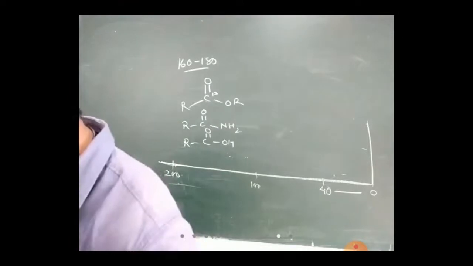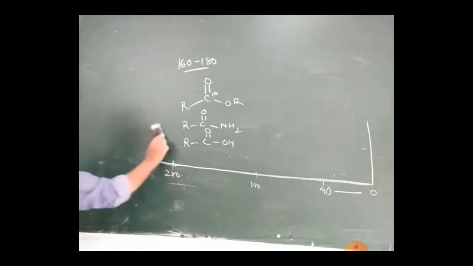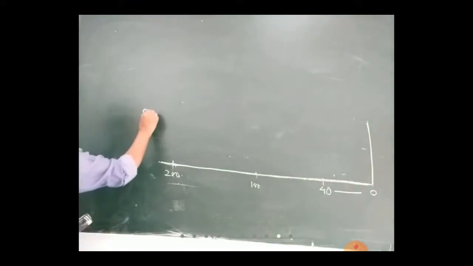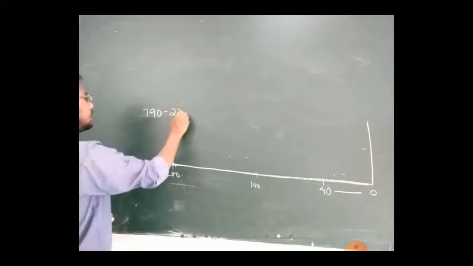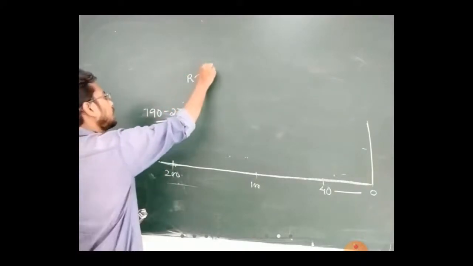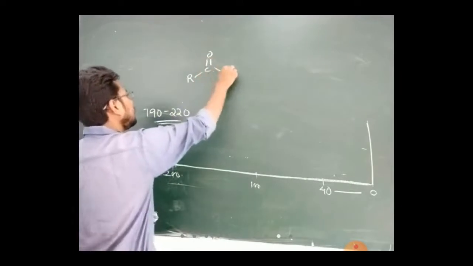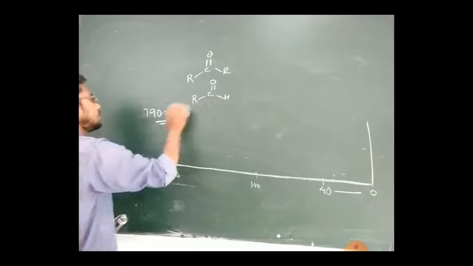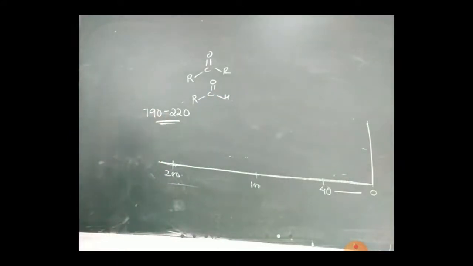And then you have above 200, that means from 190 to 220, you have your carbonyl carbon, that means the ketone and the aldehyde. So they appear in this 190 to 200 range.